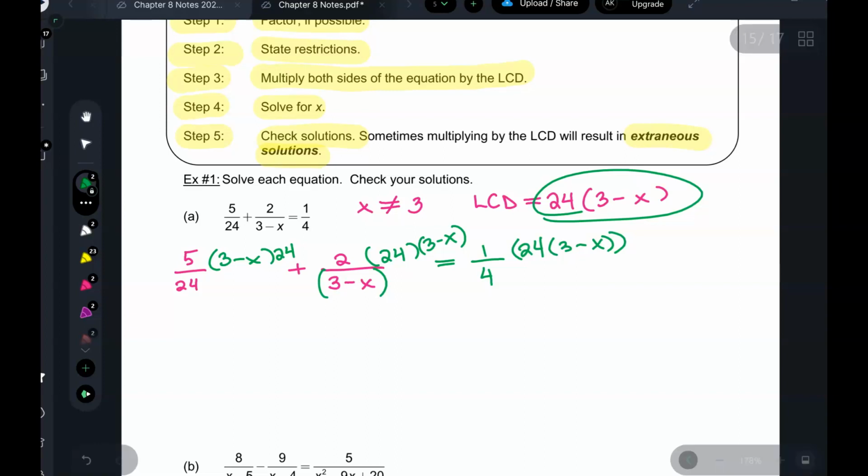Okay, start over. The least common denominator was 24 times 3 minus x. I wanted to multiply everything on the left side and everything on the right side by that 24 times 3 minus x. Whatever I do to one side of the equation, I'm going to do to the other side of the equation.